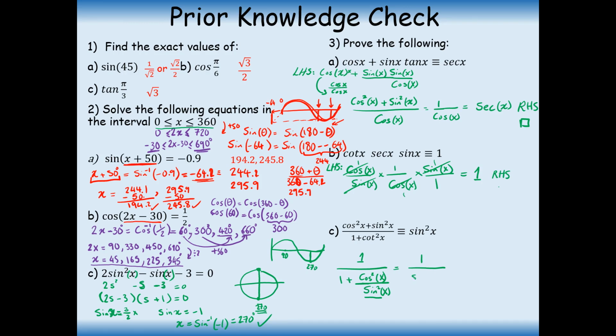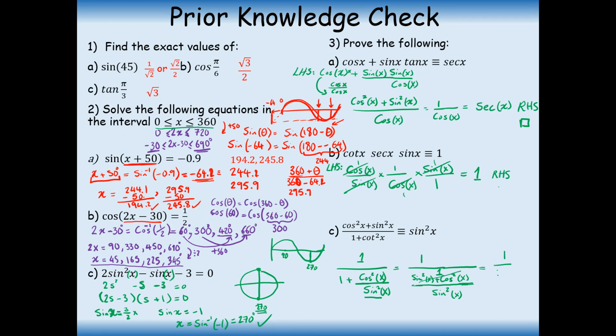I'm going to have sine square of x plus cos square of x here, all over a single sine square. And we know that this fraction has sine square plus cos square, the famous identity, which equals 1. Therefore I have 1 over 1.